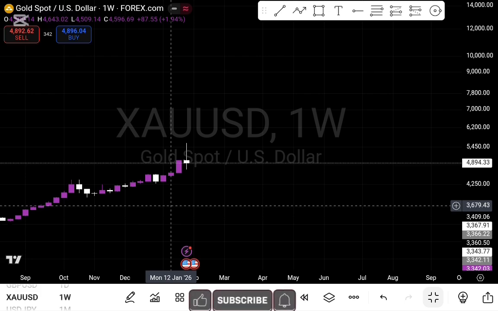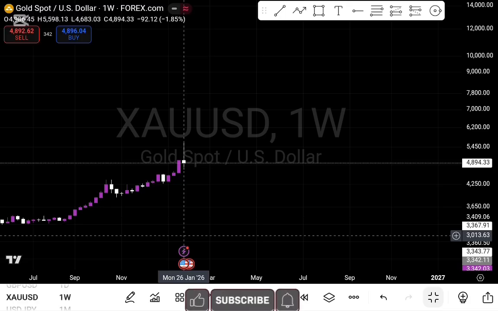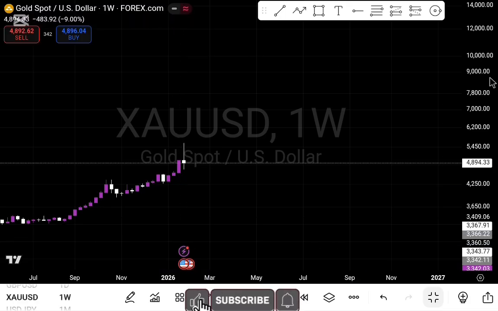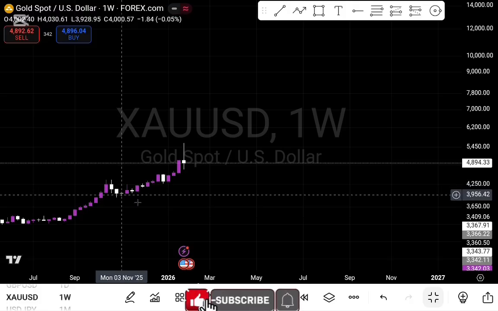It takes a whole week to form just a single candle. As you can see here, this is 1 week time frame, and this is weekly candlestick.